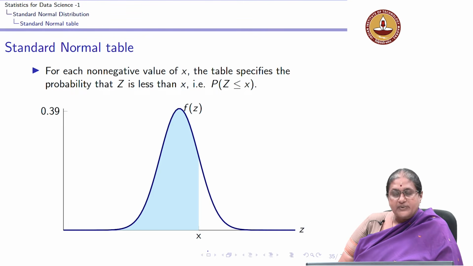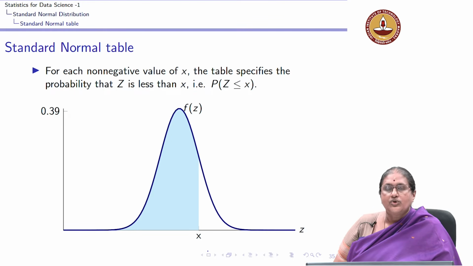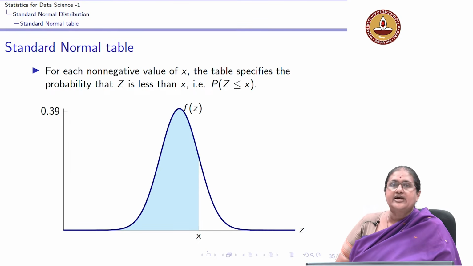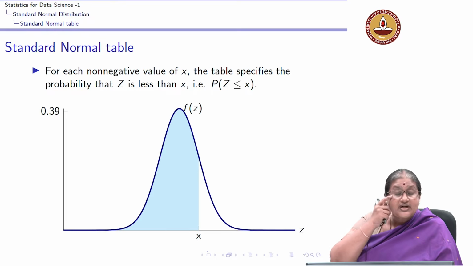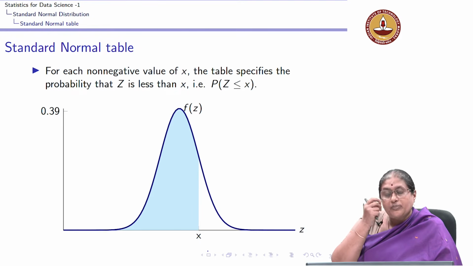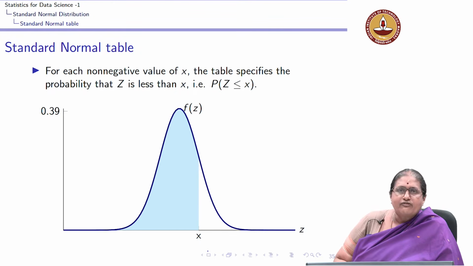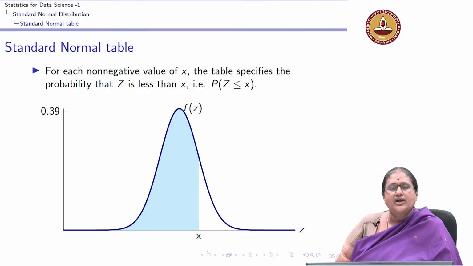For all purposes of your beginners course, every student should know how to read the standard normal table, irrespective of whether they will use tables to compute probabilities in the future. For a foundation course, we strongly recommend that every learner should know how to read a standard normal table.